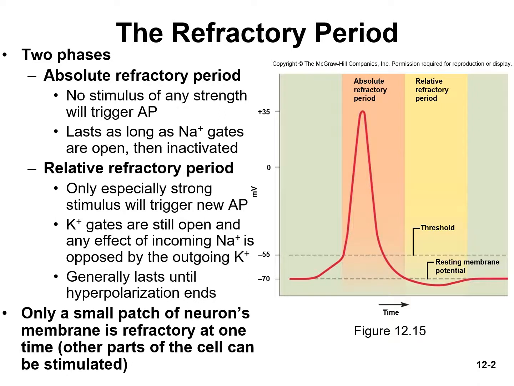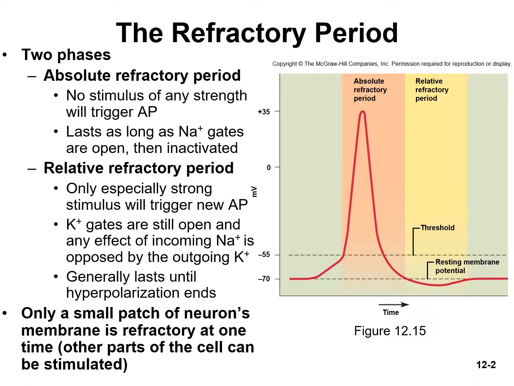So again, we have our absolute and our relative refractory period. During the absolute refractory period, you're not going to have any possibility of stimulating that region of the neuron to fire again. You basically can't have overlapping action potentials occurring in this same region of the neuron. This lasts as long as sodium gates are open, and then they're inactivated, and then you shift into this relative refractory period.